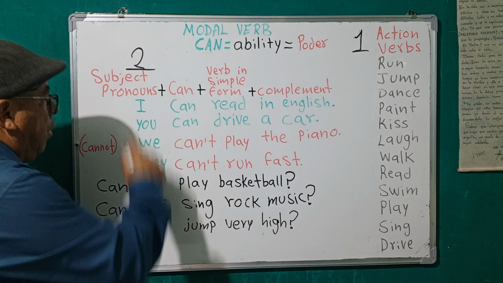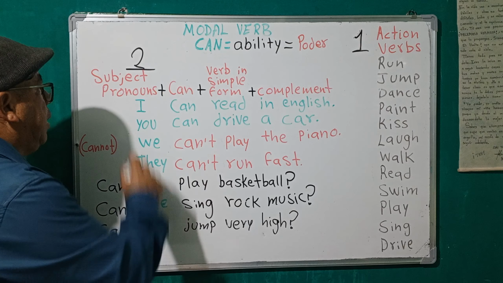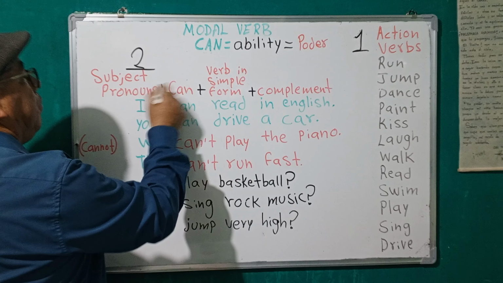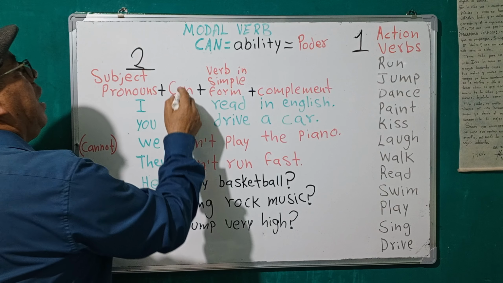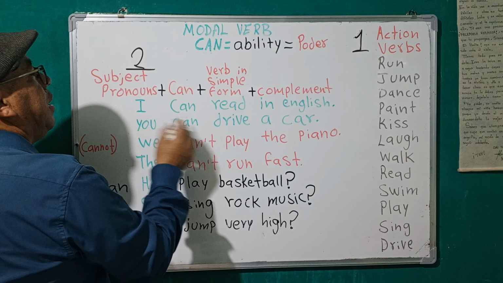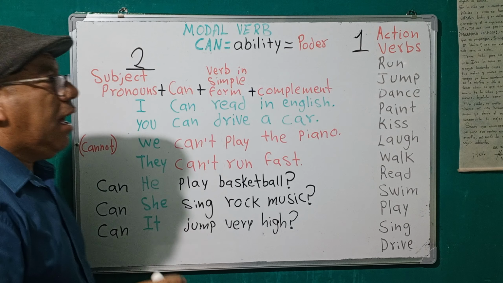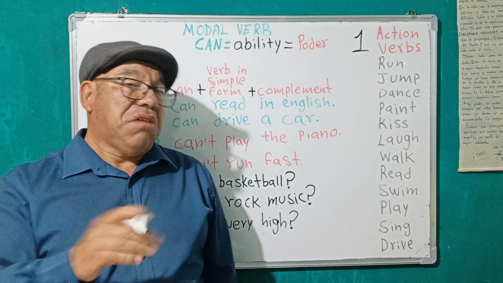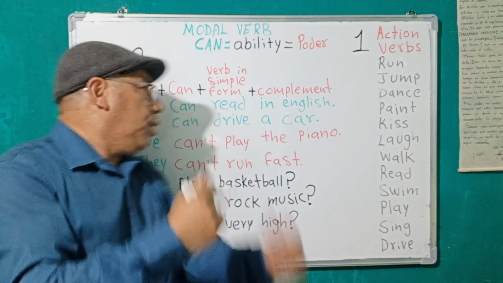Then, now that you explained the use of can, you write the plus symbol here and write can. And you say, I can, one of my abilities is read. I can read a book, okay?